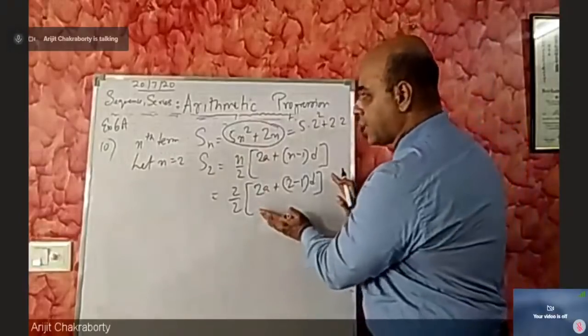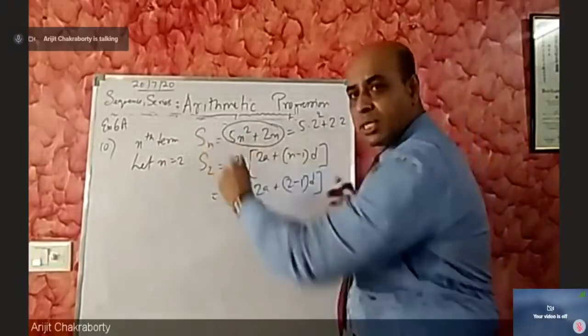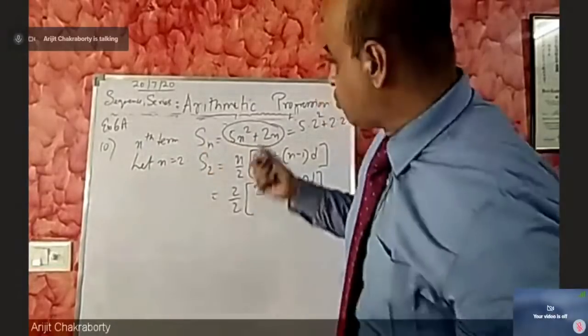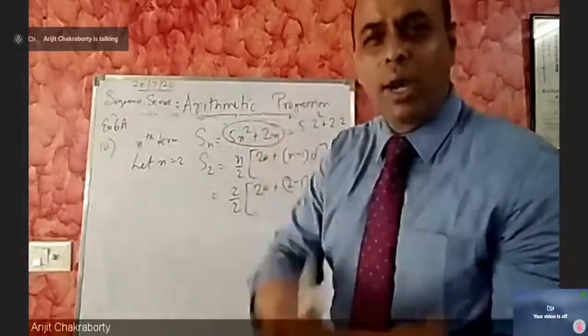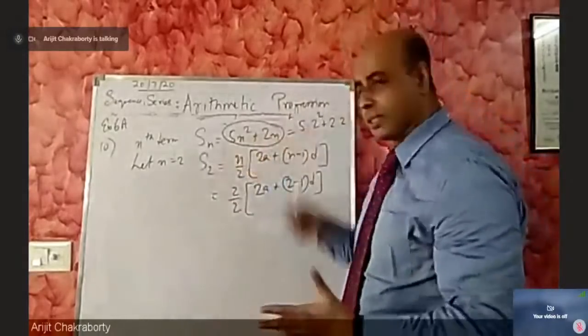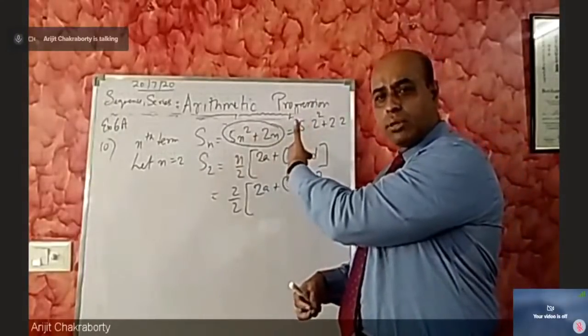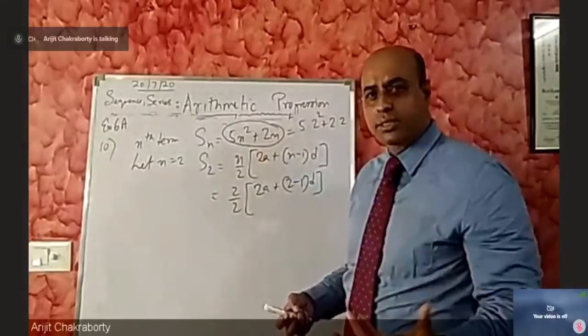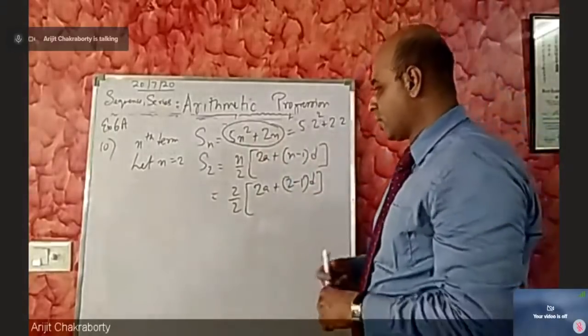The left hand side has to be equal to this, because the generic term is given, Sn is equal to 5n square plus 2n. That means if you put the value of n as 0, 1, 2, 3, whatever, you will get this. It's like a function. Function is given.